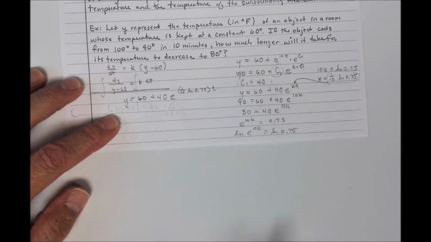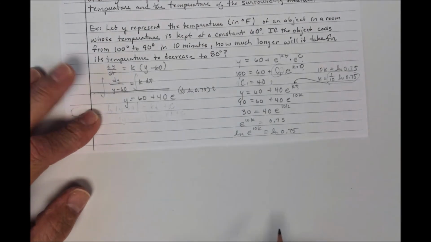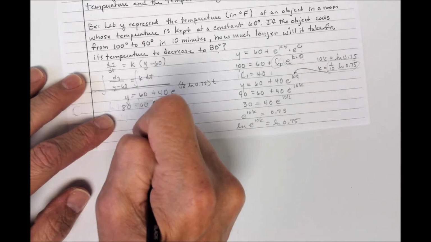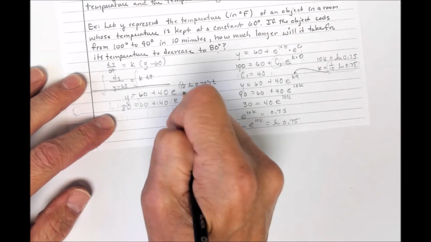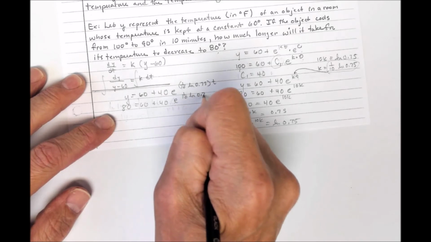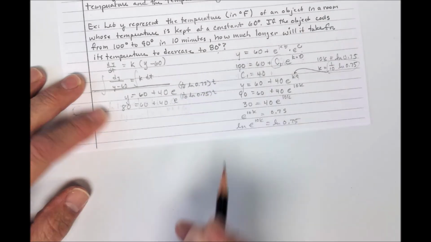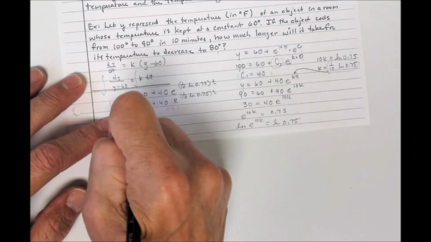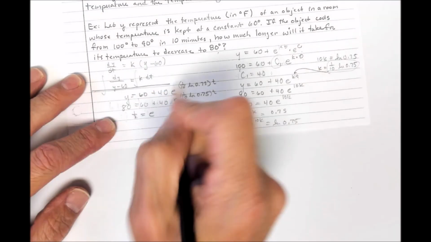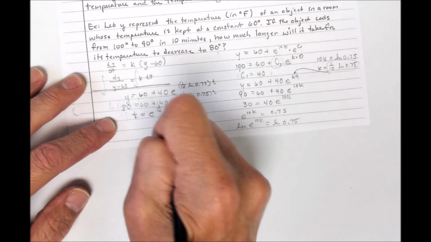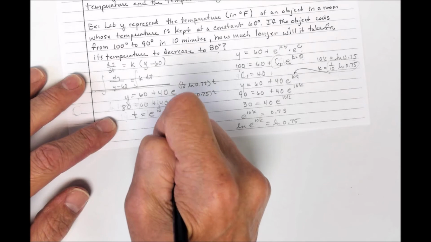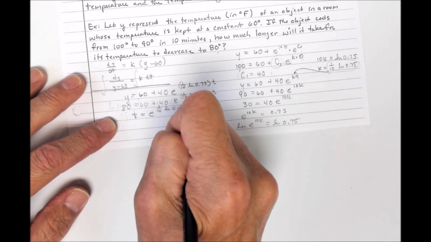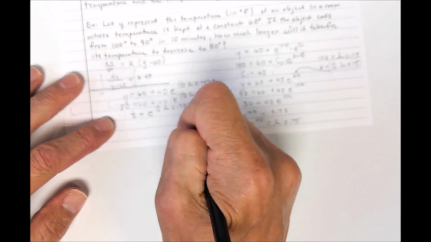Now it says, how much longer will it take before it decreases to 80 degrees? So I'm going to plug 80 in here for y. I'm going to subtract 60, and that's going to give me 20 here, and then I'm going to divide by 40, so I get 1/2 equals e to the 1/10 the natural log of 0.75 times t.